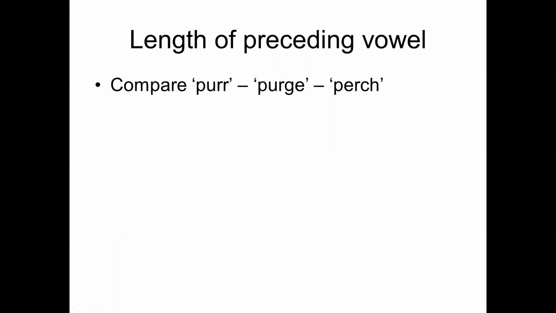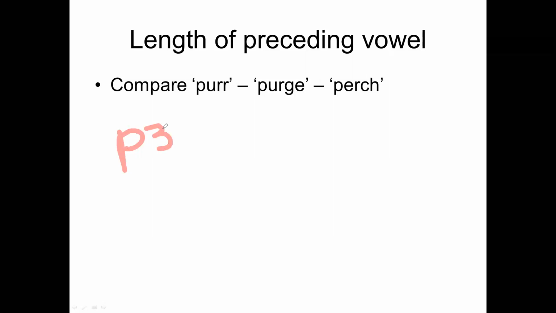All right, so if you think about all of these different words here, I'm going to transcribe them for you. We have per, and then we have purge, and then we have, if I can fit this in, perch.